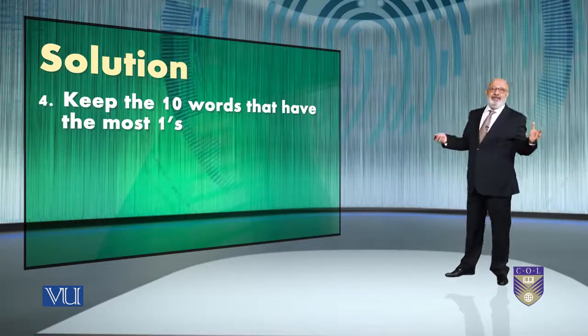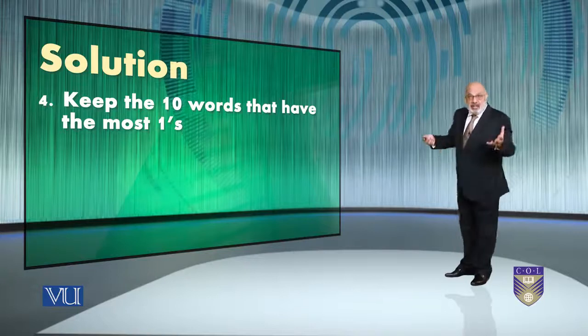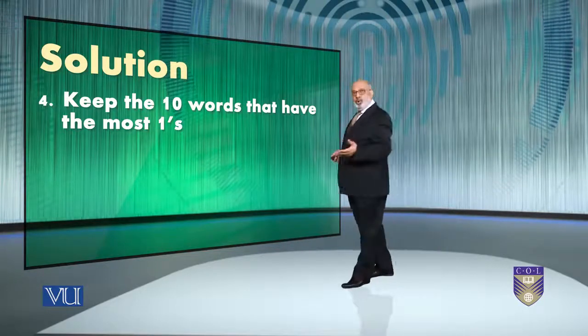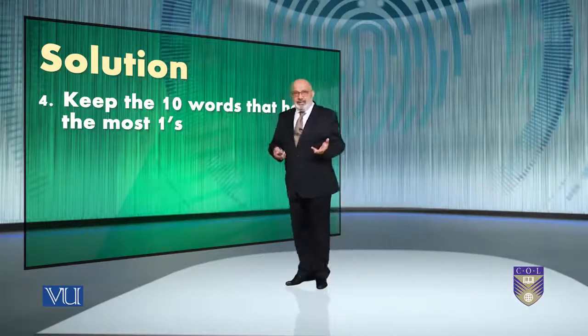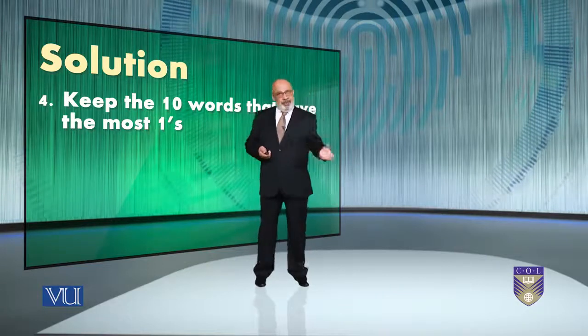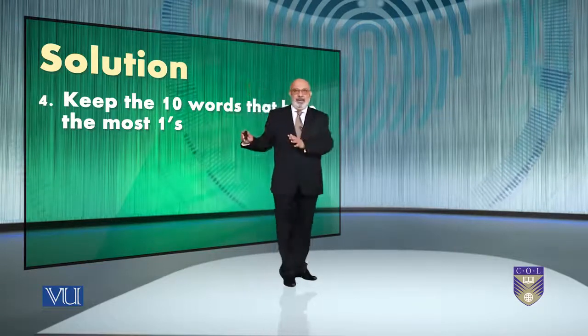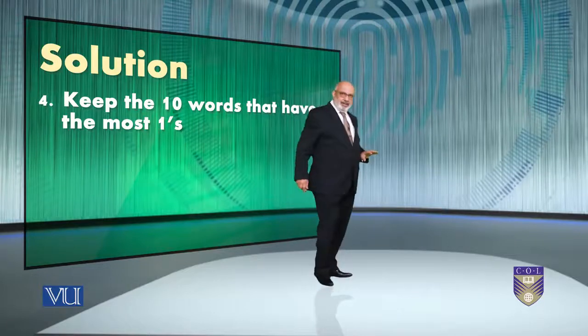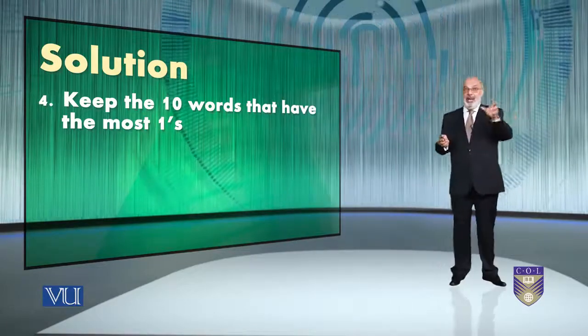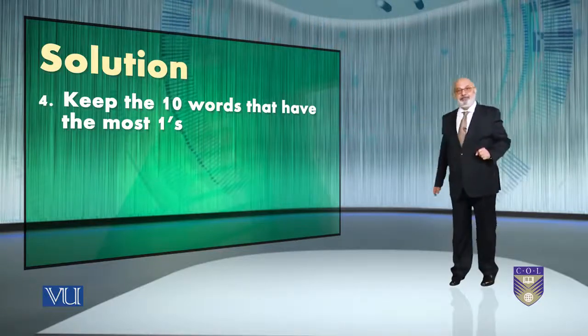So let's say you could have a word which has 19 ones, another word has got 20, could be 28, 17, 15. Pick up the top 10, keep them separate, and discard the other 90. So you have randomly selected 100, but chosen the best out of them so far.